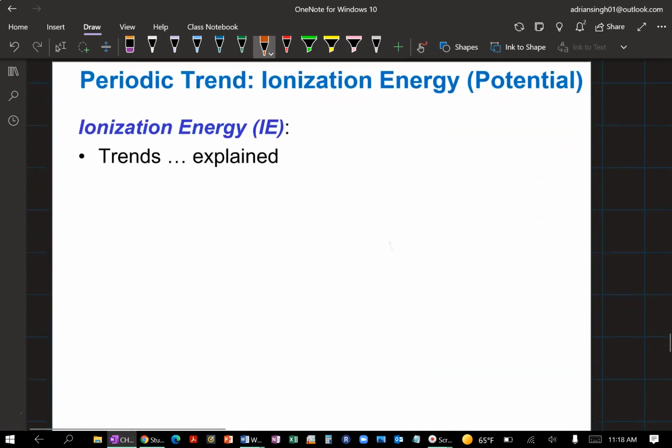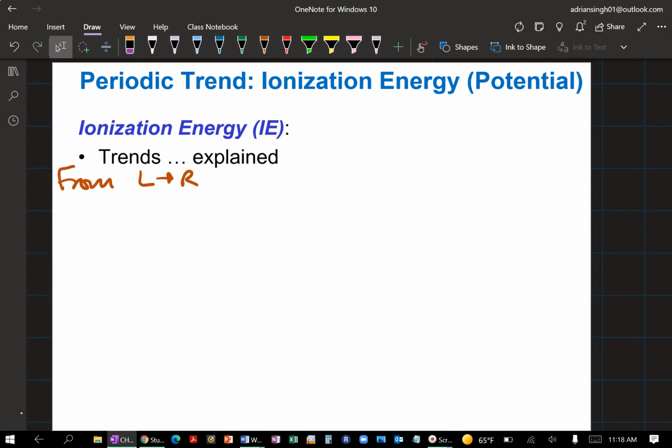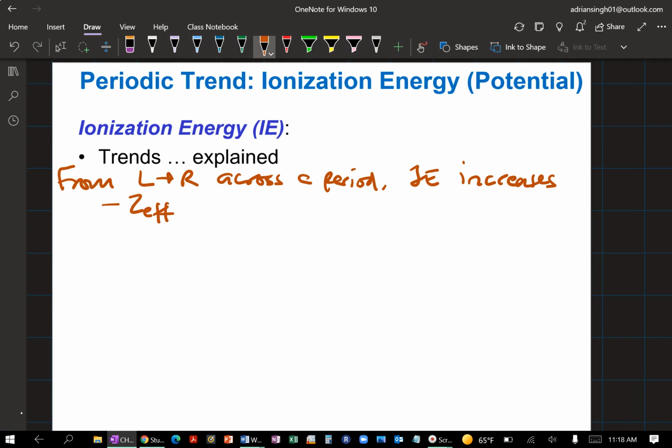So why is that? Well, going from left to right, we've seen across a period, the ionization energy increases. So why is that? Well, we can use the Z effective nuclear charge. We've seen that it increases in that direction. Right?